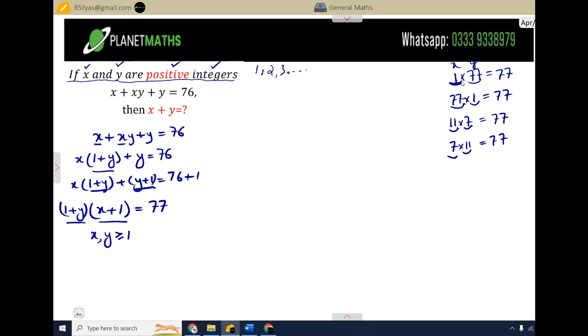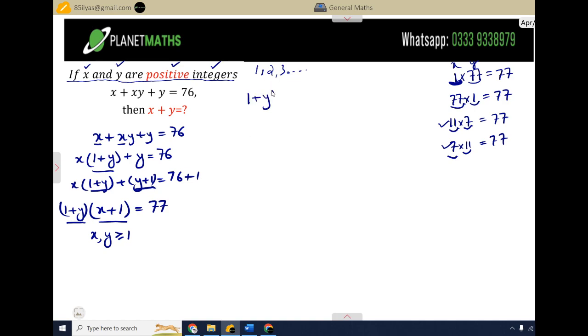Here the condition was that x and y must be 1 or greater than 1, but here 1 is already present in the factors, so we cannot take 1 over here, and we also cannot take the value of y equal to 1. The value should be greater than 1. So the possible two answers are these two. Now consider them one by one.